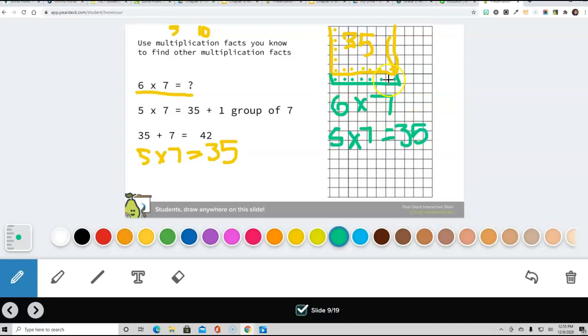And then I have to add on this one extra group of 7. 35 plus one group of 7 is 7. So 35, 36, 37, 38, 39, 40, 41, 42 equals 42. Okay? So it equals that 42. So 35 plus 7.